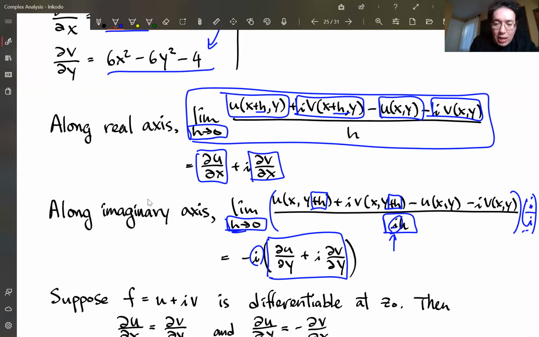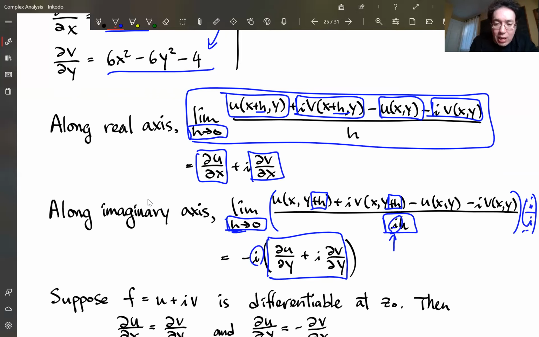After doing both of these, remember the derivative from both directions has to be equal to each other, right? So the real parts of this have to agree. The real part is going to be this guy has to agree with this guy. It becomes real because negative i times i is going to be +1.